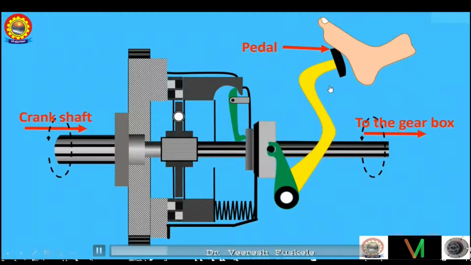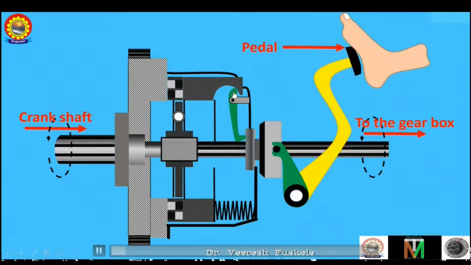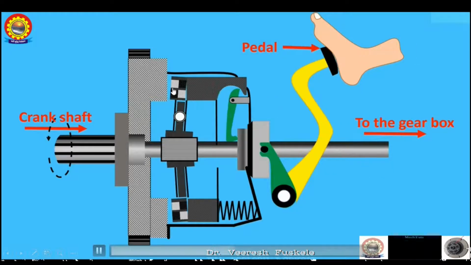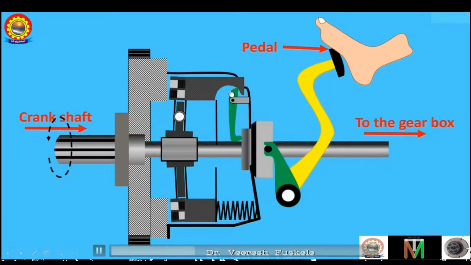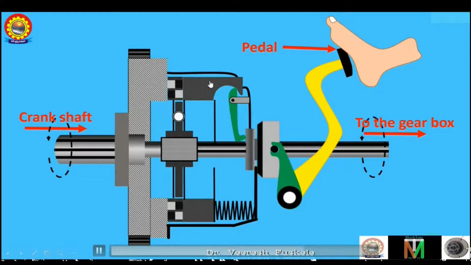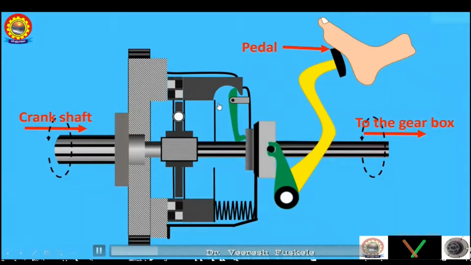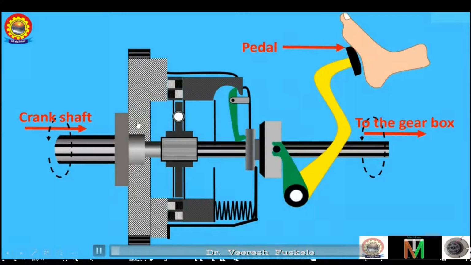As the pedal is pressed, the diaphragm spring is pressed and the outer portion is moved in the right direction, so the clutch plate is disengaged or moved away. And similarly, when the pressure is released, again the diaphragm spring is moved in the opposite direction and the clutch plate is again engaged with the flywheel.